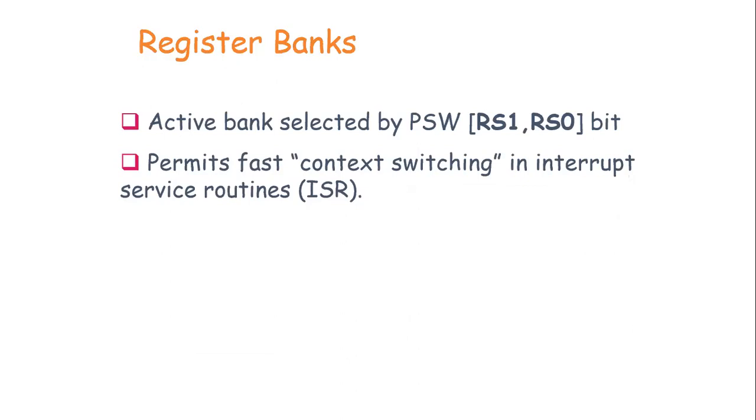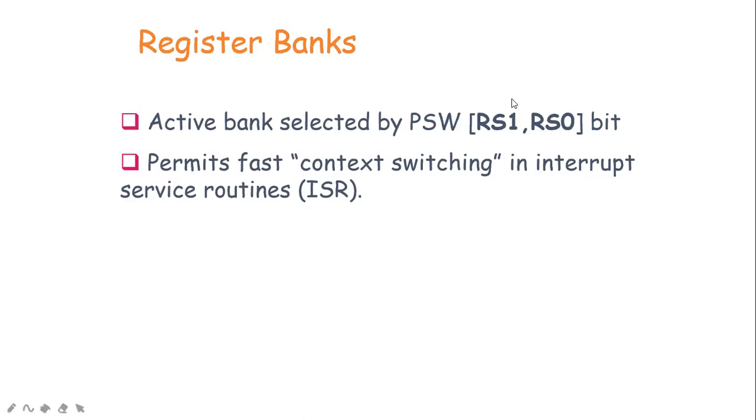To select the active bank, there are 2 bits in the program status word, RS1 and RS0. By changing these bits, we can select any one of the banks. 2 bits give us 4 combinations.